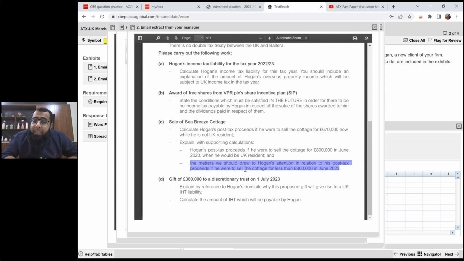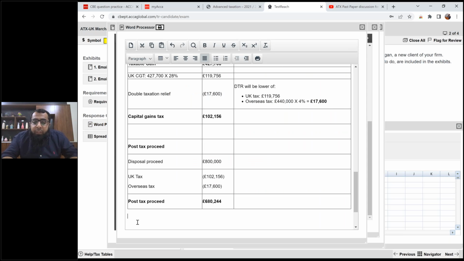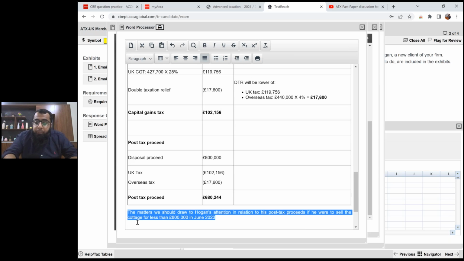What are the matters which he should think about? This was one of the parts in which the student may make an error.